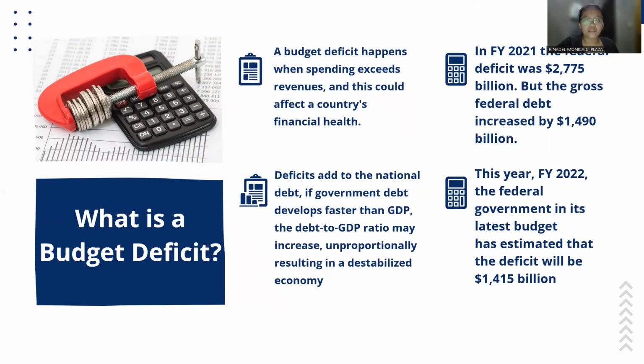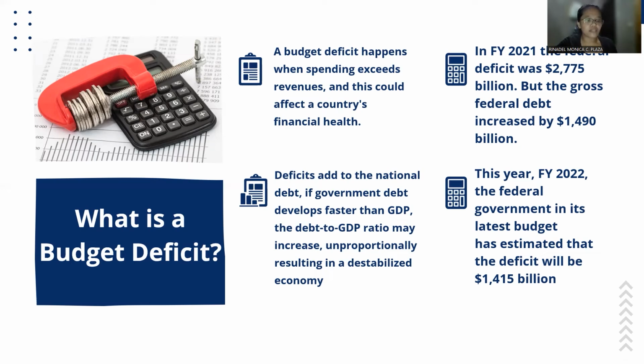If the government debt develops faster than GDP, the debt to GDP ratio may increase, and it results in a disproportionate increase in the debt to GDP ratio, and this results in a destabilized economy.